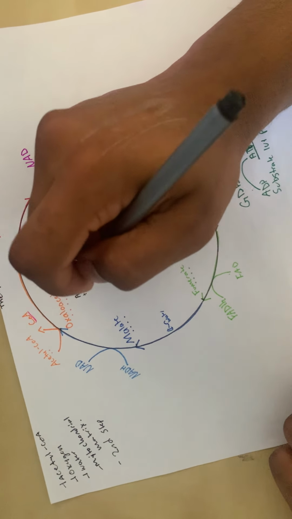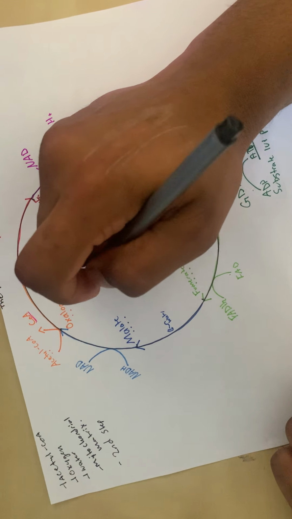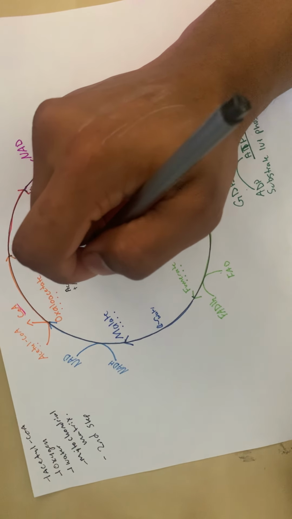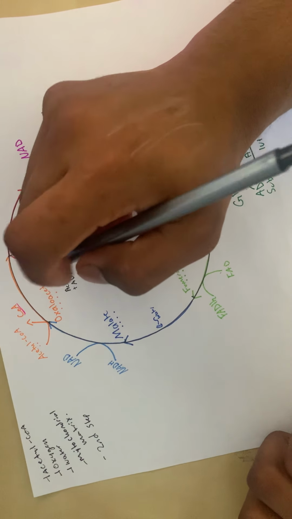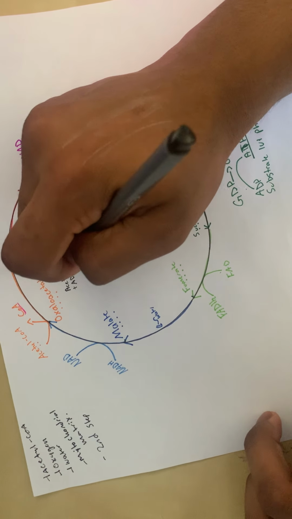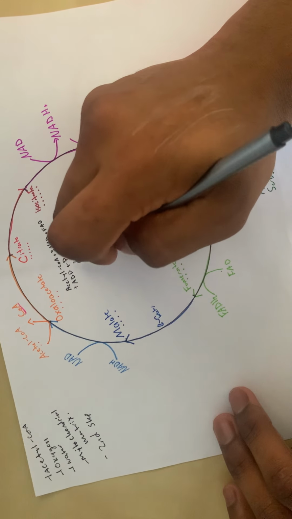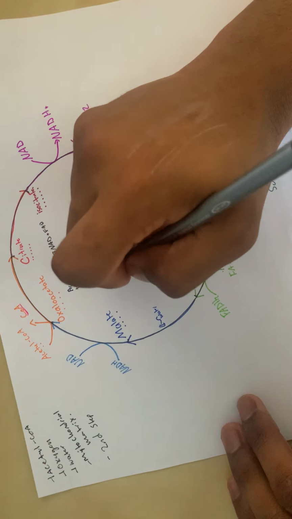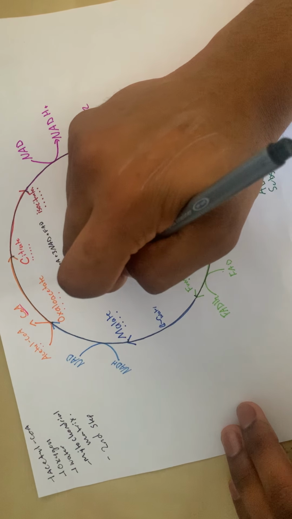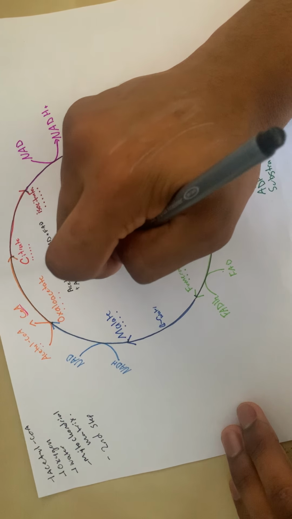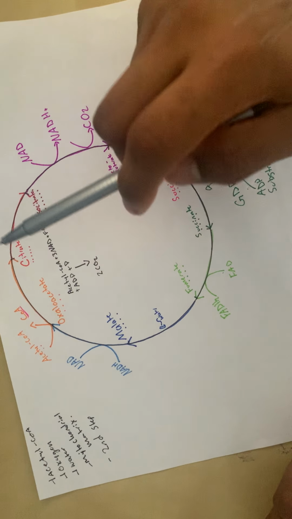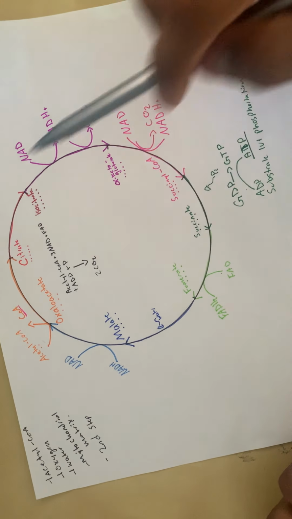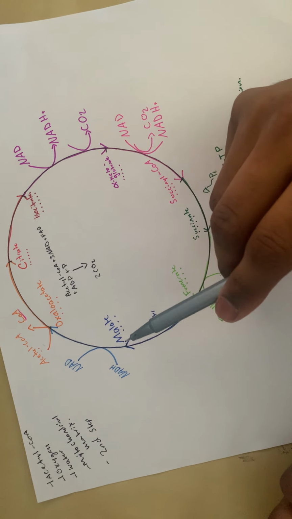We had a single ADP. And we had a phosphate group. And all of this turns into 2 carbon dioxides, which makes sense because we started off with a 4-carbon, added 2 carbons to create 6 carbons, and we end with another 4-carbon molecule.